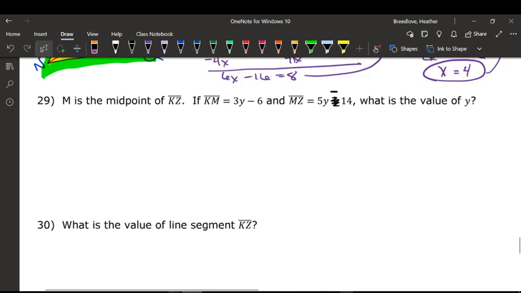All right, so now we have M is the midpoint of segment KZ. If segment KM is 3y minus 6 and segment MZ is 5y minus 14, what is the value of y? So we're just dealing with segments. So my picture is pretty simple. It's just a line segment.